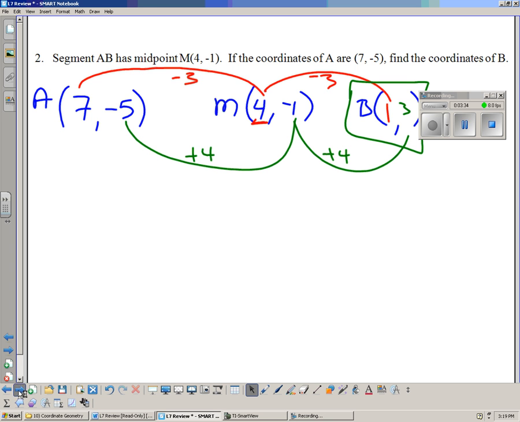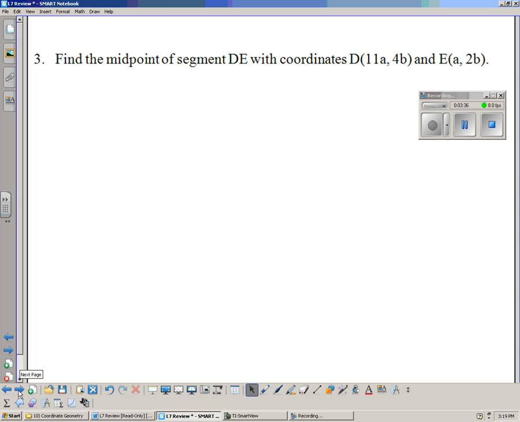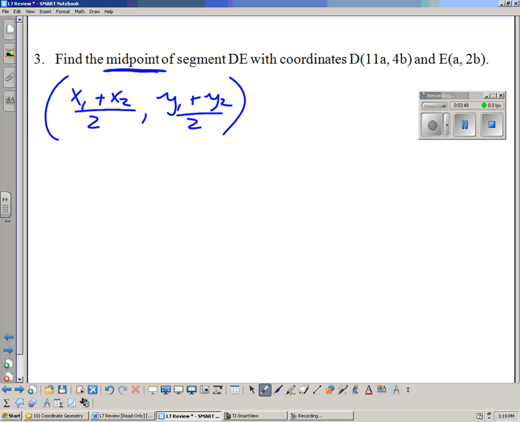All right, next question. A lot of you are complaining about this one, but it's not hard. Find the midpoint of segment DE with those coordinates. We're finding the midpoint, so we're going to use the midpoint formula. I'm going to label my numbers: x1, y1, x2, y2. So my x1 and my x2 are 11a plus a over 2.